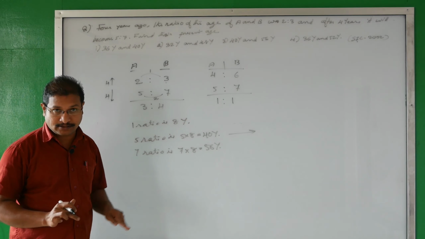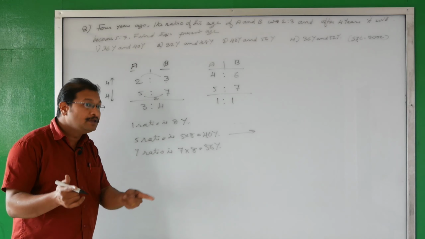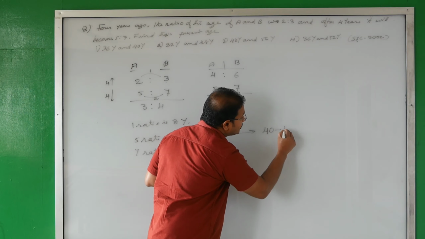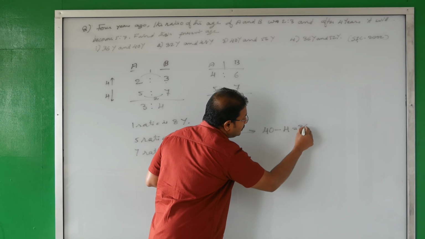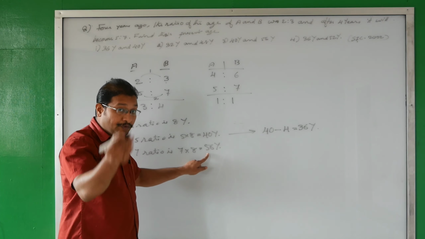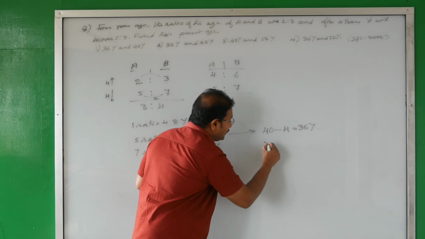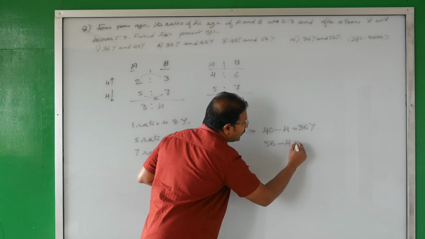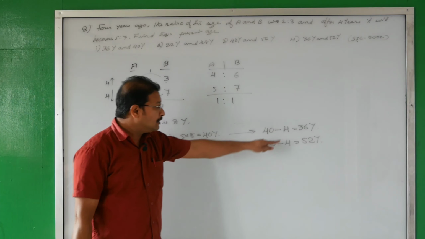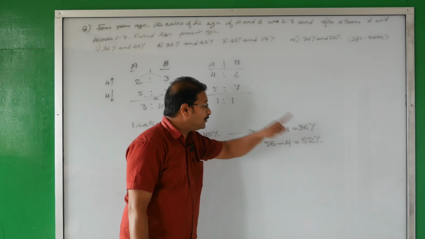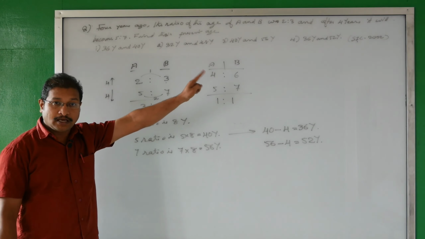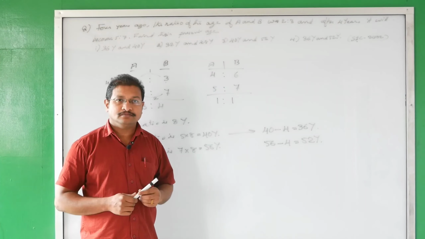If you want the present age, we'll subtract. 40 minus 4, we get 36 years. And this is also after 4 years, so we have to subtract: 56 minus 4 equals 52 years. So the ages are 36 and 52. Let's see the option. 36 and 52, that's the last option. Answer.